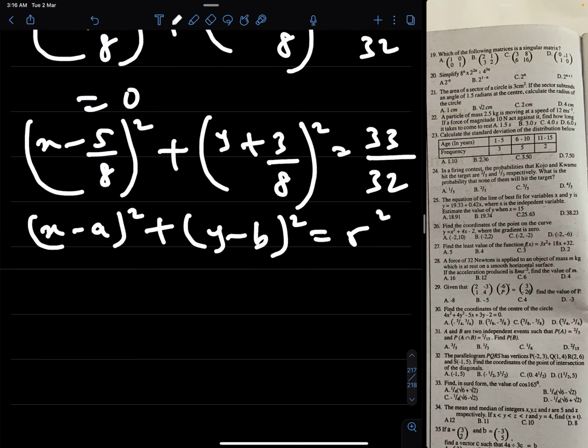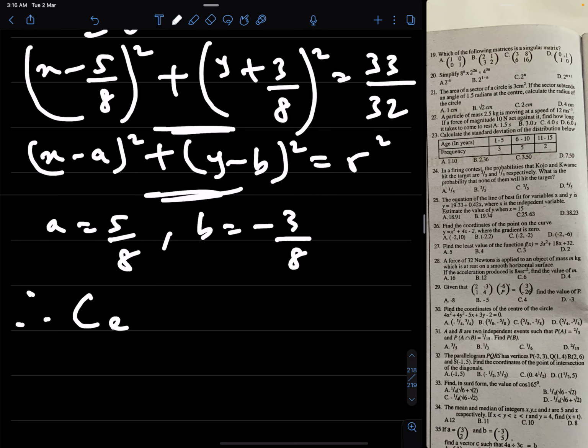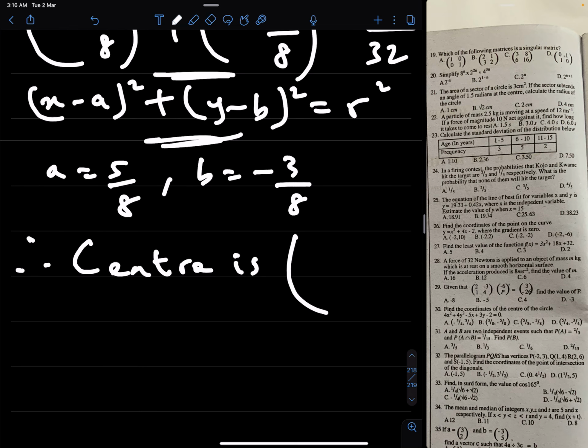So if we compare this to the equation that we got, we can see that minus a is going to be minus 5 over 8. That means a is 5 over 8. What are we even to find? Find the coordinates of the center of a circle. We'll find the center, and 3 over 8 is minus b. That means b is minus 3 over 8. So therefore, the coordinate of the center of the circle is 5 over 8, minus 3 over 8.